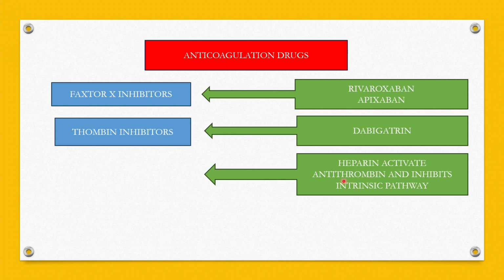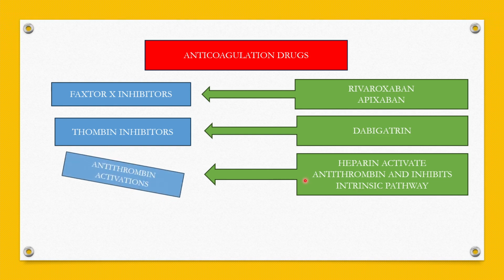Then heparin activates antithrombin 3 and inhibits the intrinsic pathway as well. This is actually true for the high molecular weight heparin. Low molecular weight heparin, which is enoxaparin, activates antithrombin, but it does not inhibit the intrinsic pathway.